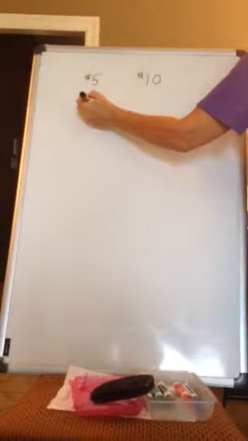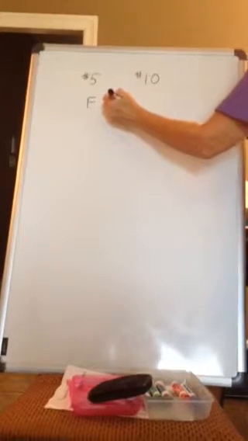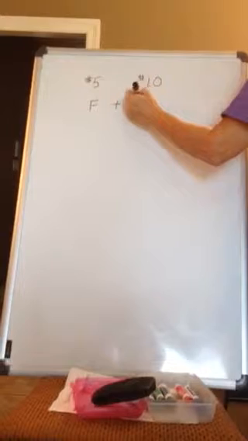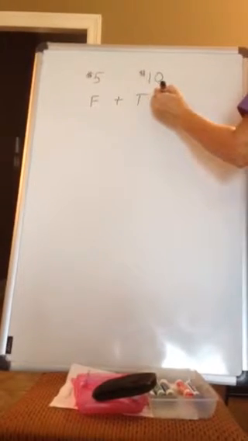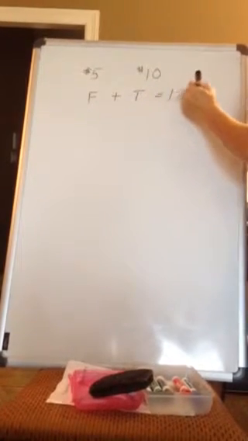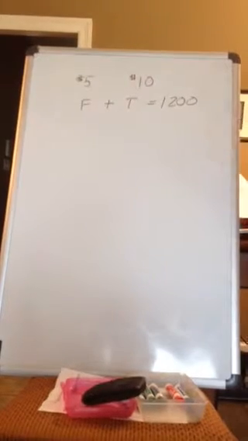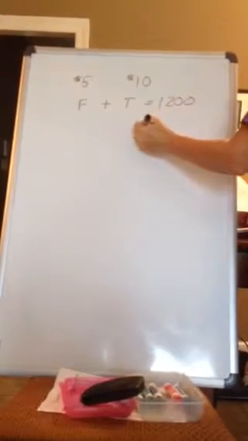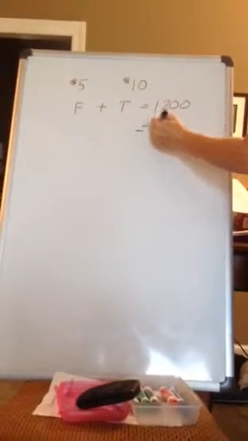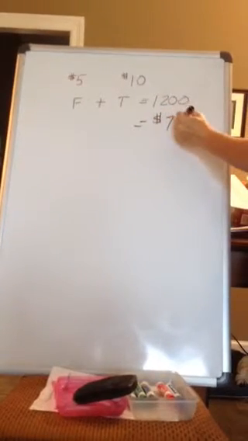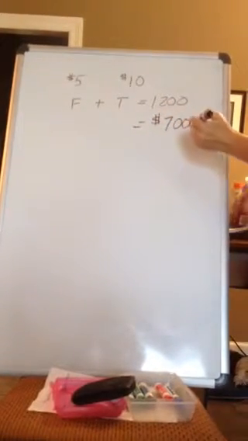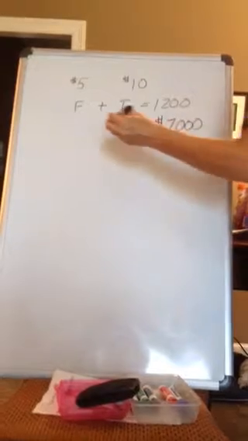So I could use F for 5s plus T for 10s is 1,200. That's simply by adding the number of bills. And their total value was $7,000. How many of each bill did I have?